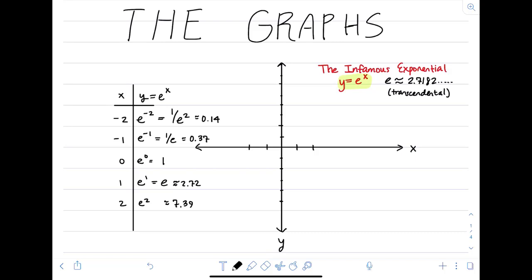Okay, so we're using the tilde. We're very loosely approximating this, and this is just for the sake of us getting a somewhat to-scale graph.